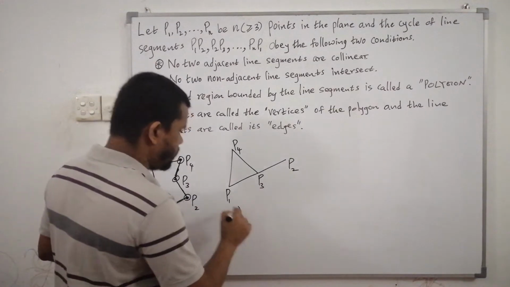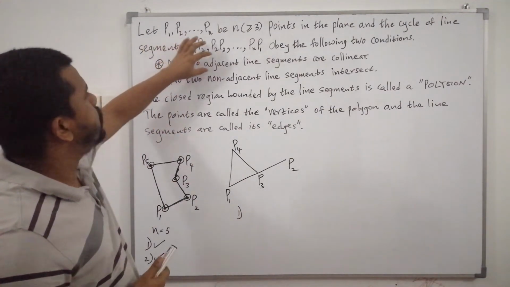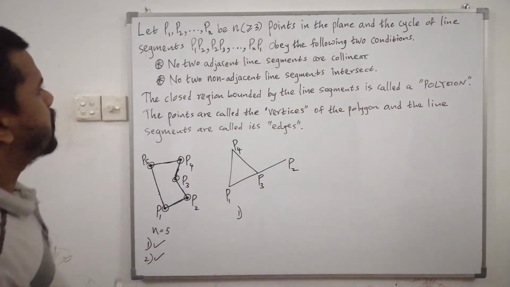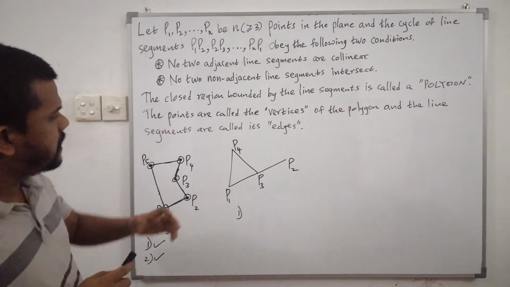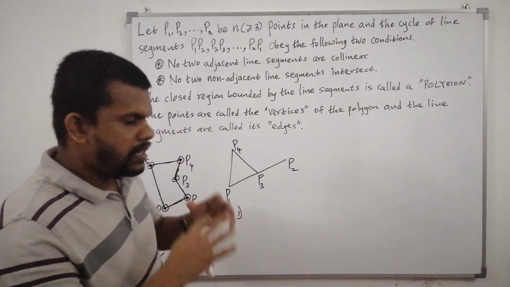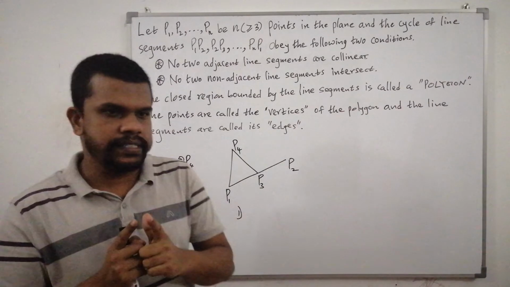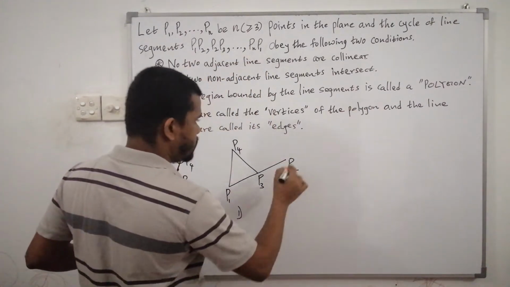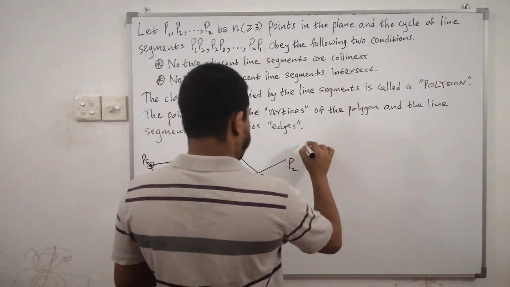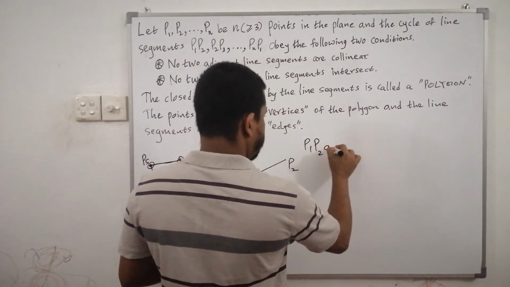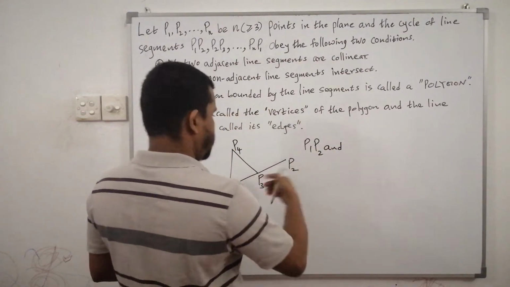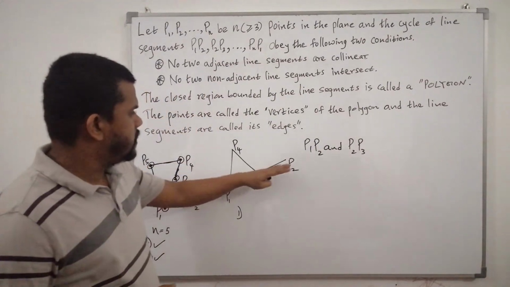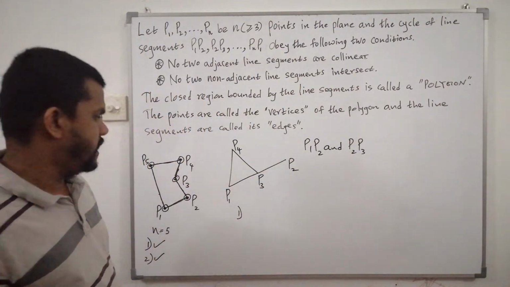Now let's look at the first condition. No two adjacent line segments are collinear. But if you consider this pair, P1P2 and P2P3, they are adjacent, and also these two line segments are collinear.